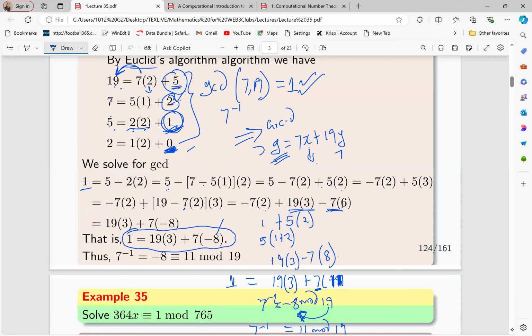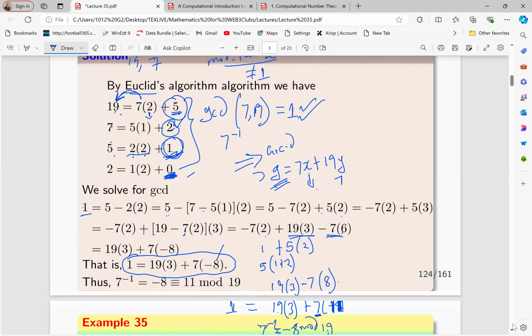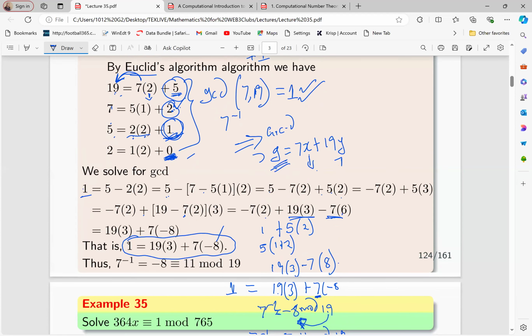But you see, when you are doing that in Rust code, the Euclidean algorithm will come up to negative 8. It will end here.